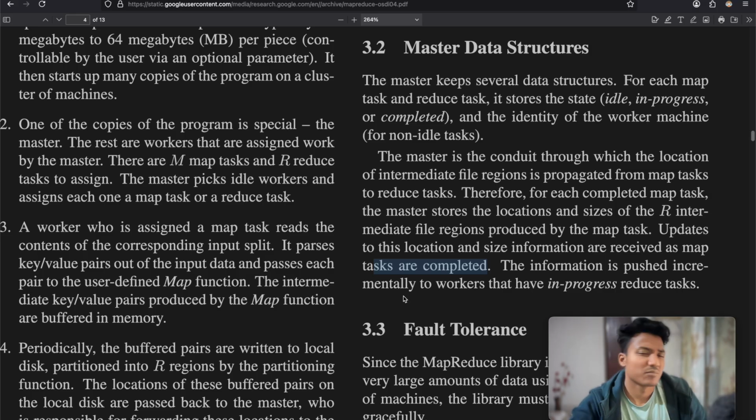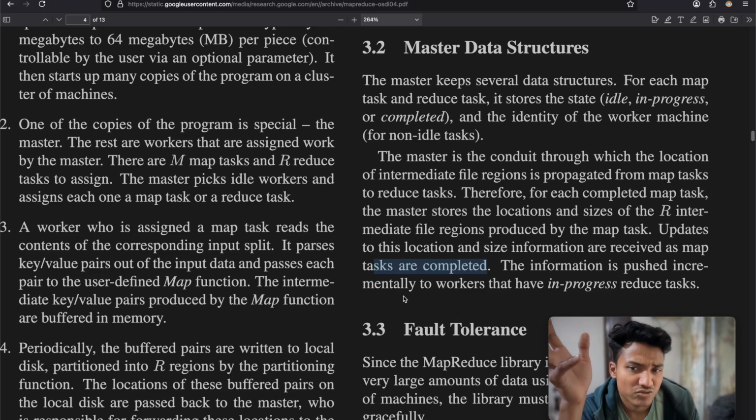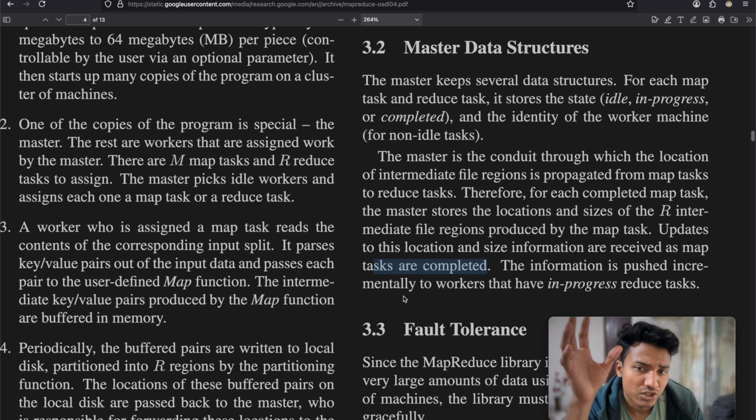Okay, so they are saying that this data structure is also responsible for propagating the location of the intermediate files. Once the map task is complete, the master data structure stores the location and size of these intermediate files, and then incrementally pushes it to the reduce tasks which are in progress.